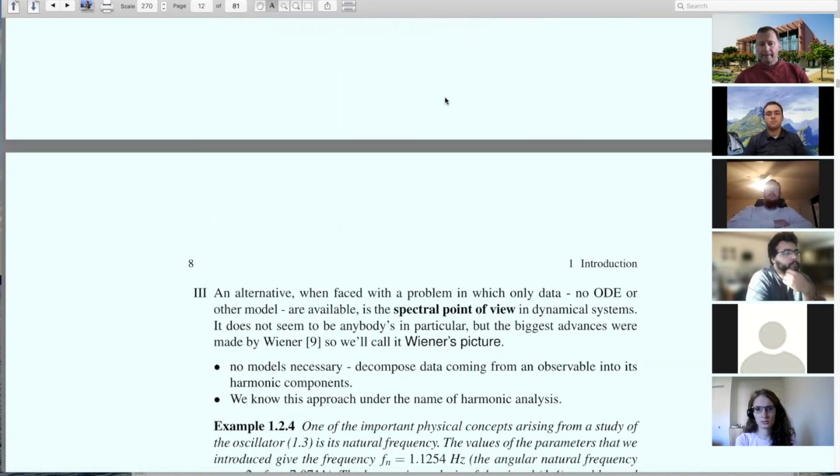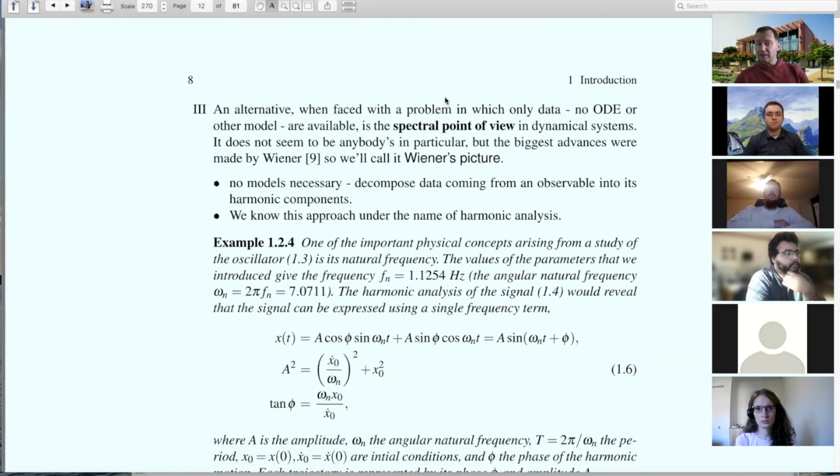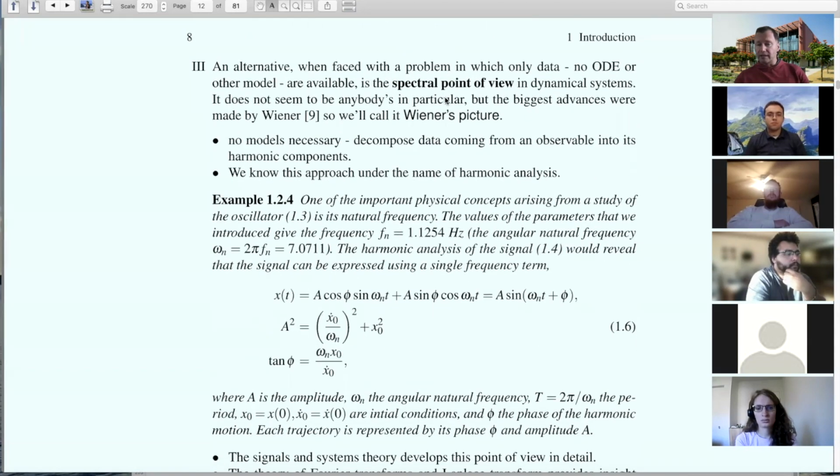Now, there is another approach to dynamical systems explored a lot in the theory of vibrations and in theory of control, and that has a long history. I called it the Wiener picture because of Norbert Wiener at MIT, especially during the Second World War, and then when he wrote his book Cybernetics, that's where the word cyber stems from, right?